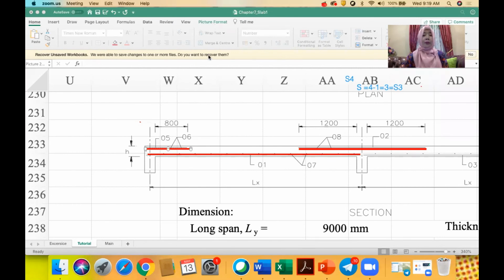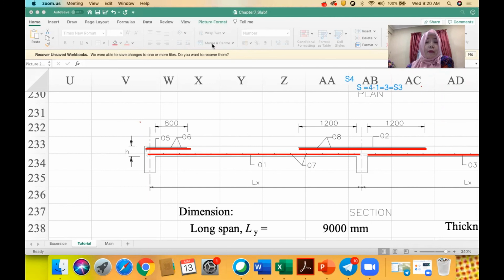And also at this span. Okay. So complete first. You need to complete the design, the drawing for the main steel.